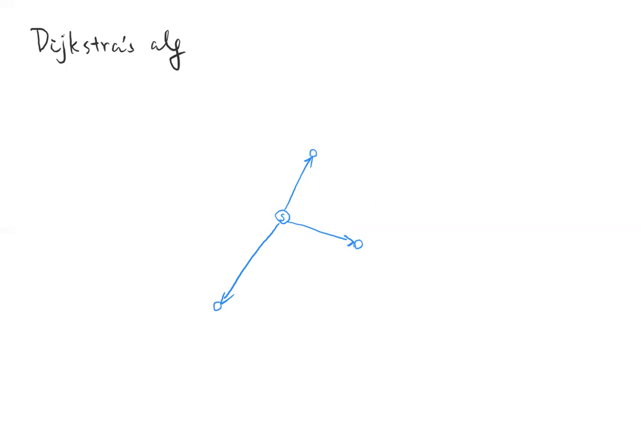Now the edges are weighted. Let's say this one is 3, this one is 4, this one is 6. What we can do is transform this weighted graph into an unweighted graph. 3 means we insert 2 vertices, 4 we insert 3 vertices, and 6 we insert 5 vertices. Now the graph becomes an unweighted graph.